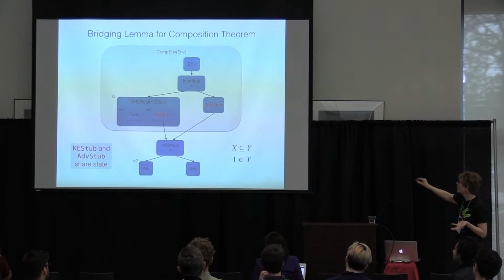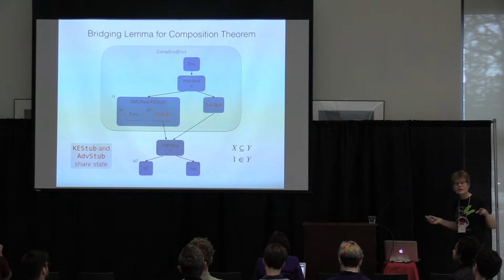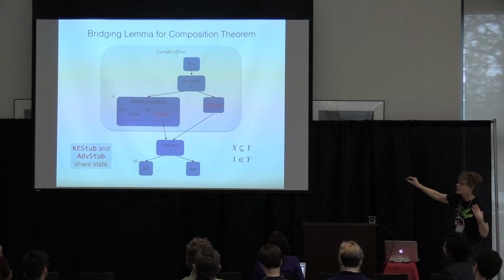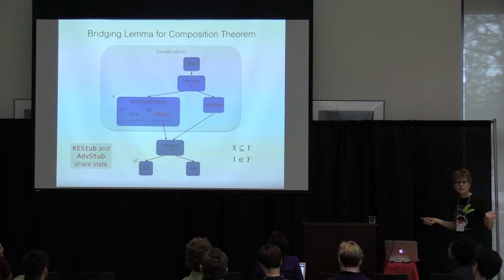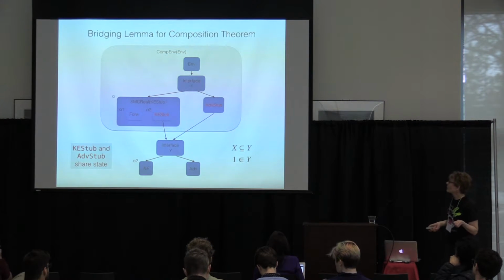And so we need to be able to add one into Y here, but we don't want one to be in X. We don't want that to be in the statement of our theorem at the top level. But this is general, that as long as all the extra things that need to talk to the adversary are in this guard Y, then we're golden. Everything works.